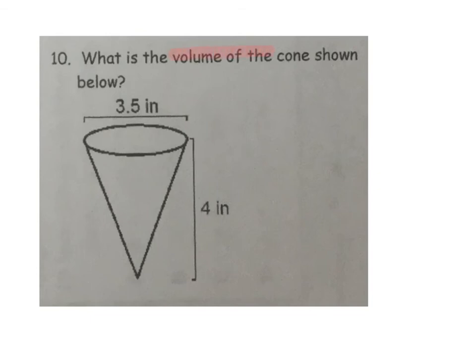All right, so we got a volume of a cone question. First of all, take a look at this diameter that's given at 3.5. So we'll have to divide that by 2 to get the radius. We get a radius of 1.75. So let me go ahead and write that in here.